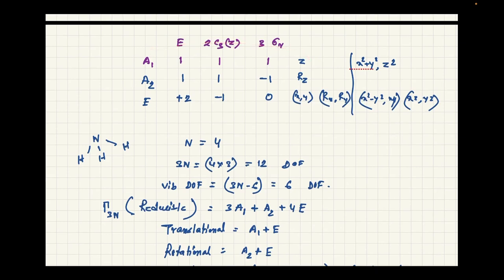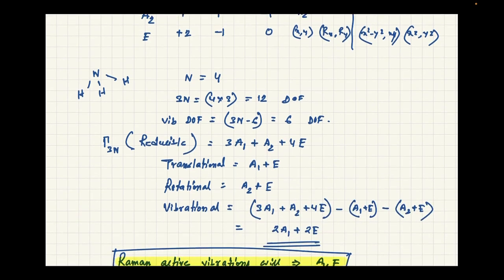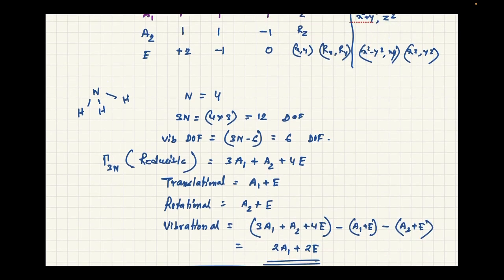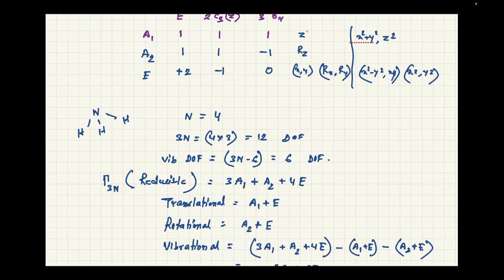Then by matching the irreducible representations for the vibrational normal modes with the linear functions x, y, z, or the quadratic functions x square, y square, z square, or xz, yz, you can get the vibrations which will be Raman active or infrared active.